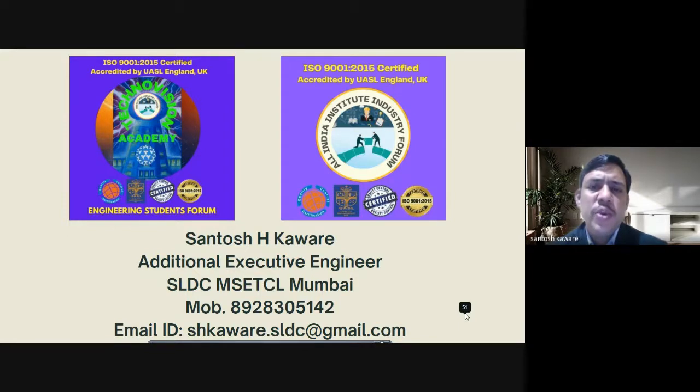Because if you make this lab live, your institution can earn from this lab also, because small industries do not go for that at a large scale, like VJTI and all those things. Why will they bring their equipment to test in the VJTI Mumbai lab?